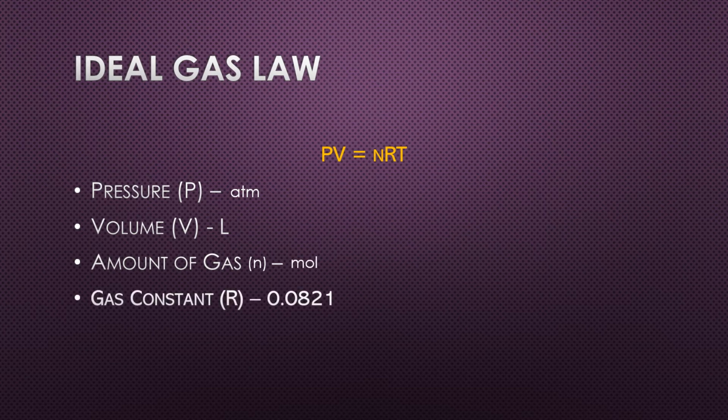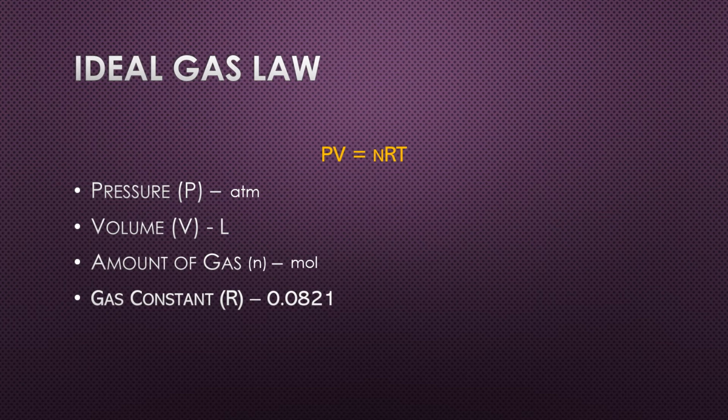And then the R in there represents the gas constant. Now, a constant is something that never changes. So this R value that you see here is always going to remain the same. And you will have to memorize this because it is not given anywhere in your reference table packet.